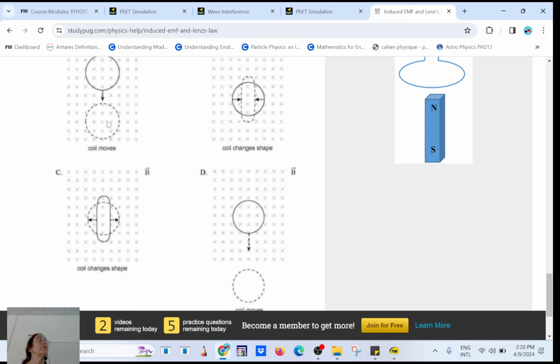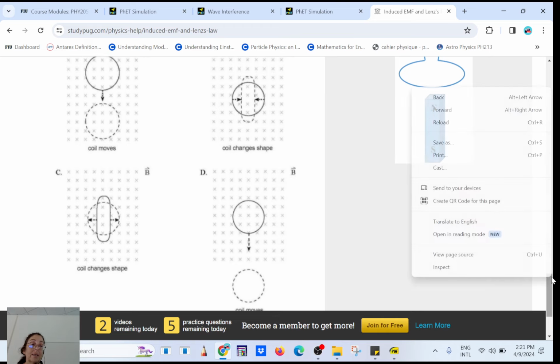What about here? Is an EMF induced here, from here to there? No, very good. Because the number of field lines poking through the invisible membrane attached to the conductor is not changing. You need to have a change in the number of field lines poking through this imaginary membrane attached to your loop. Is that clear?